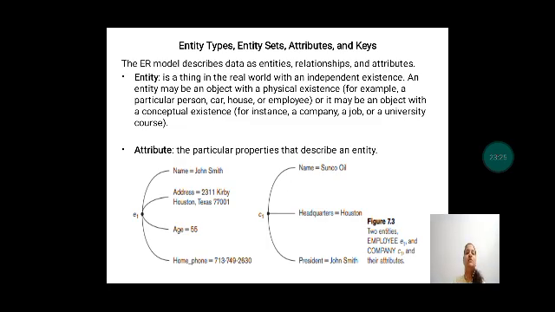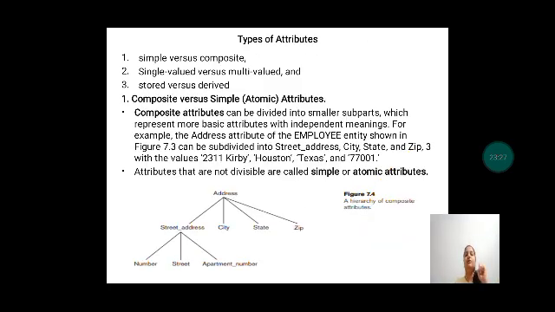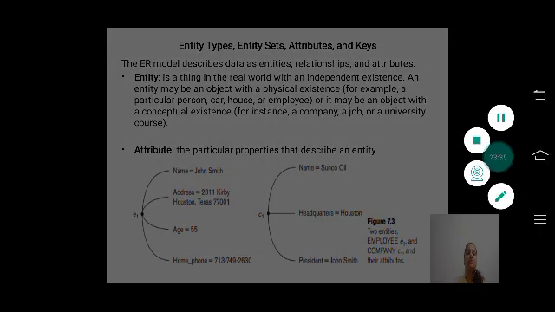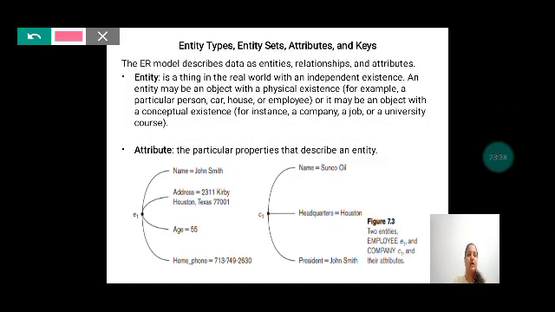Next we saw the types of attributes. One type we discussed is simple versus composite. In this example we saw address. Address is a composite attribute. Why? Because address can be subdivided into street address, city, state, and zip.